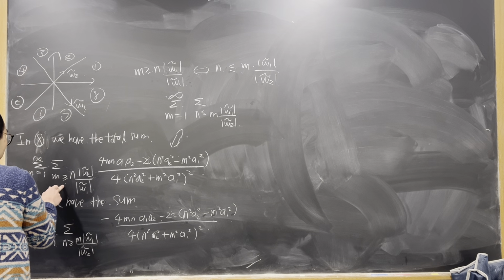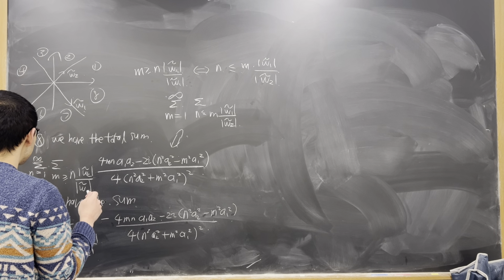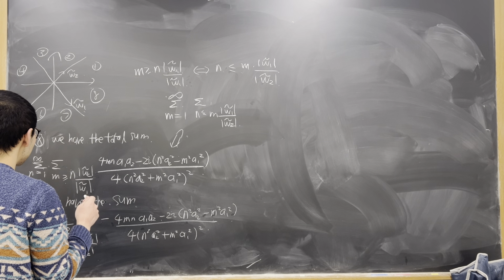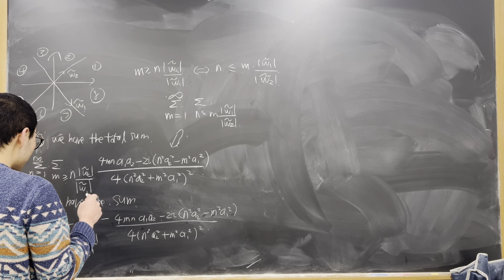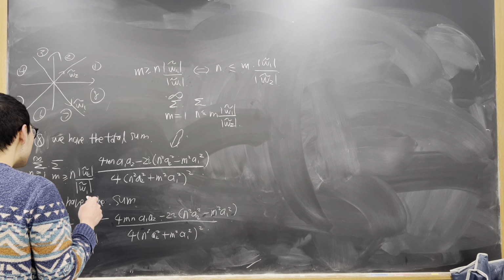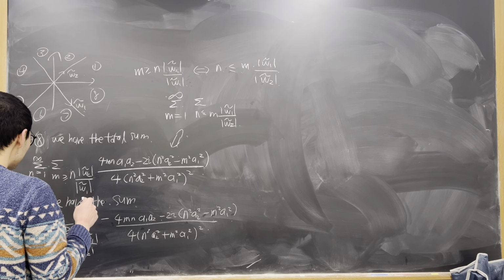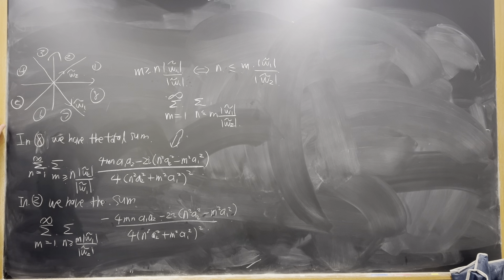For each of the terms that appears here, either m is bigger than this n factor, with n from 1 to infinity. For each of the n, m is bigger than that.